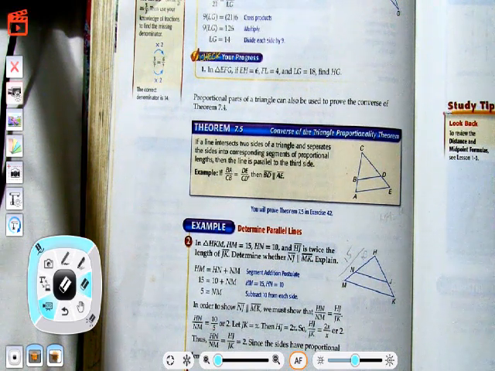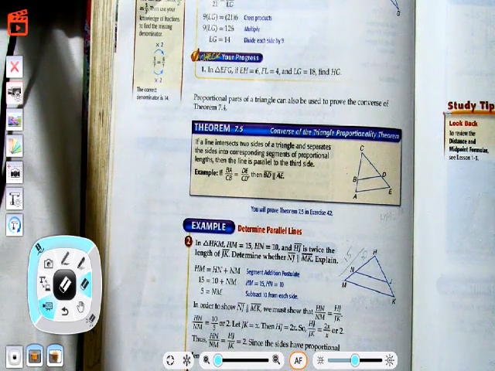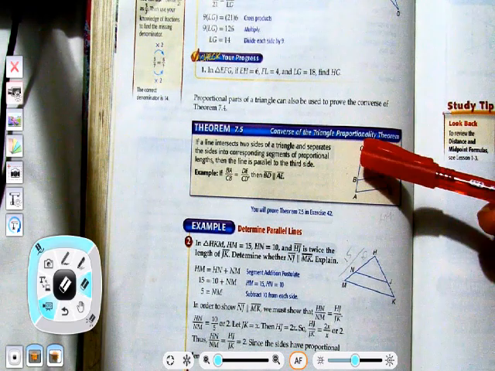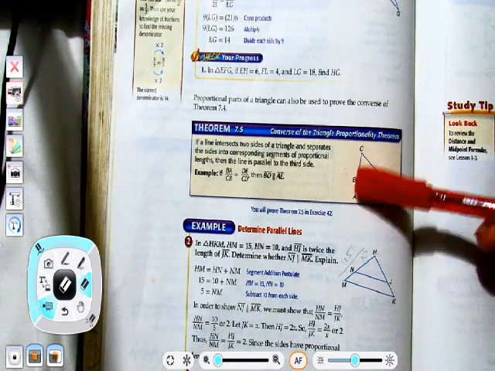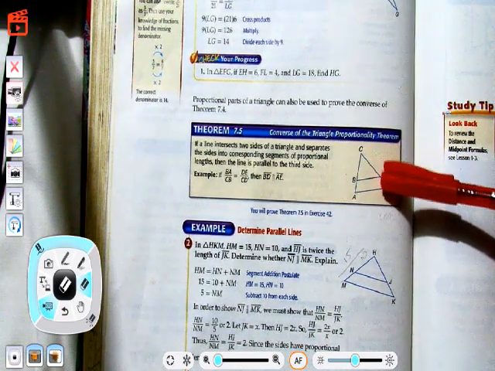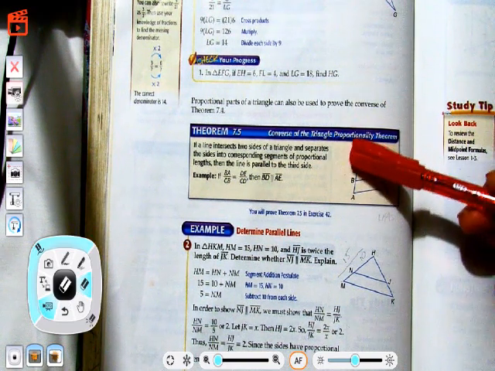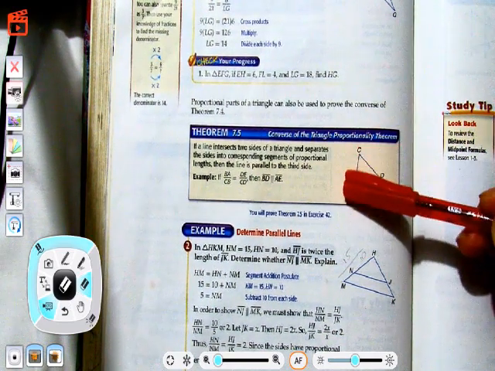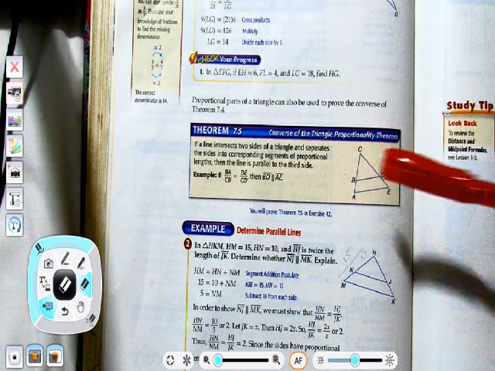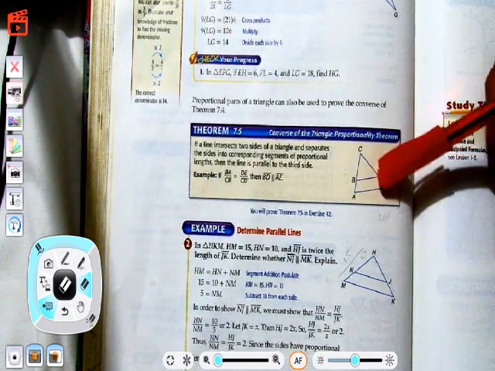The converse of the triangle proportionality theorem is this: if you see that the ratio of these two segments here is equal to the ratio of the other two segments on the other side, let's say you make a fraction here and the answer is 2 over 3, and you make a fraction on the other side and the simplified answer is also 2 over 3.